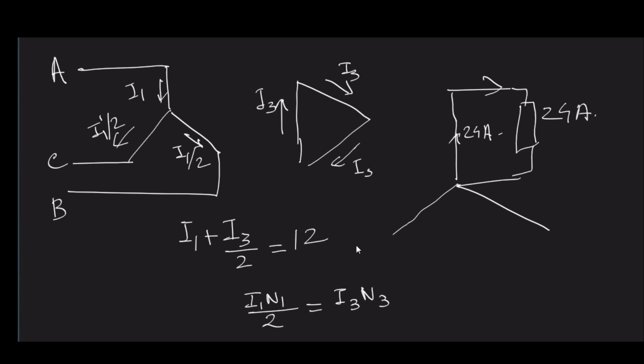So from that we can write that I1 is equal to I3, because N3 by N1 is equal to 1. So you will get I1 equal to I3 equal to 8 ampere and these two will carry 4 ampere. So that is quite a balanced distribution.